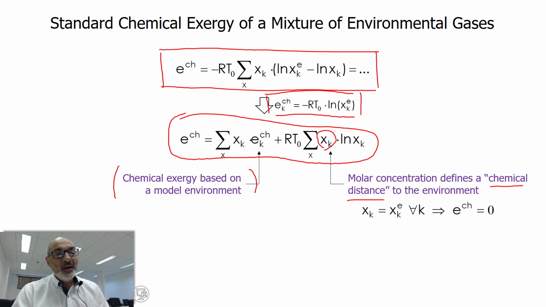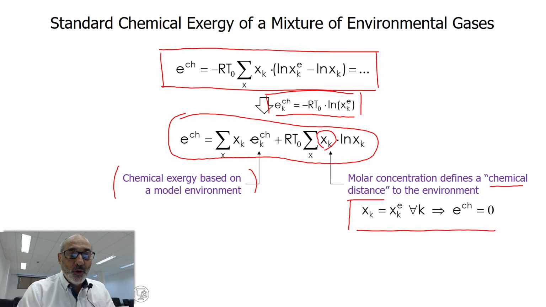As I'm saying, what enables production of work is difference, or we can consider a distance. So the more distant or the more different a system is from its reference environment, the more work we can produce from this substance.